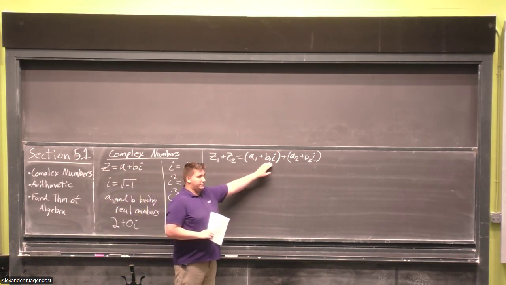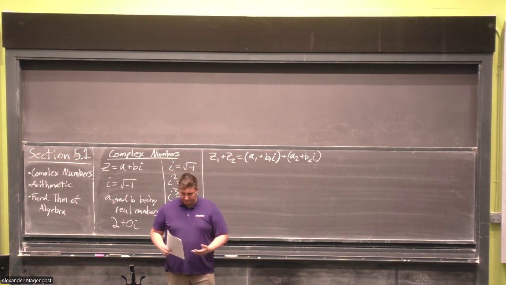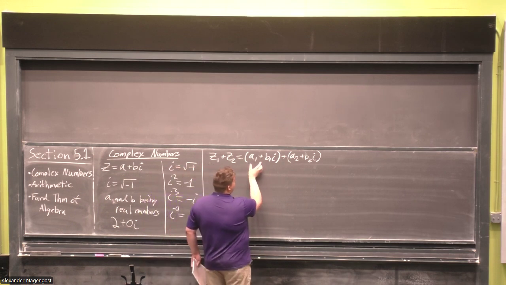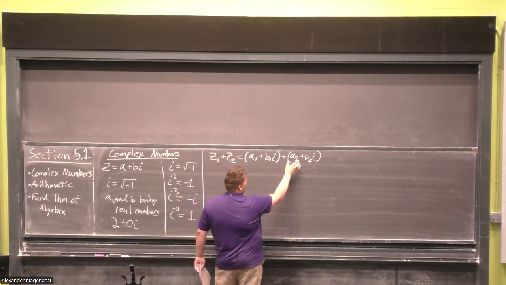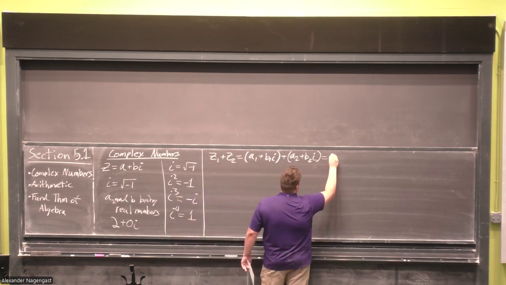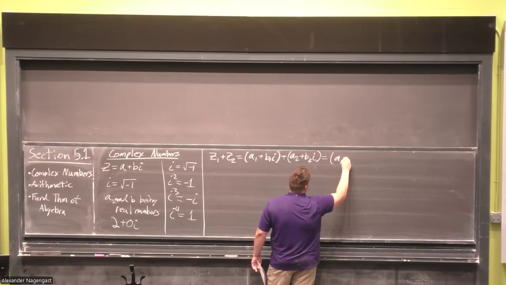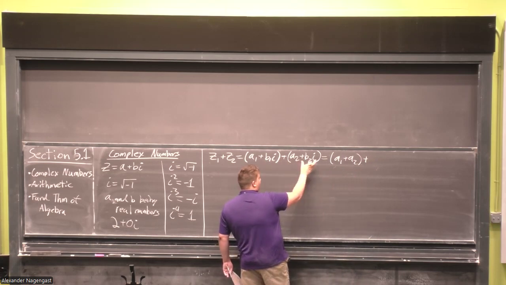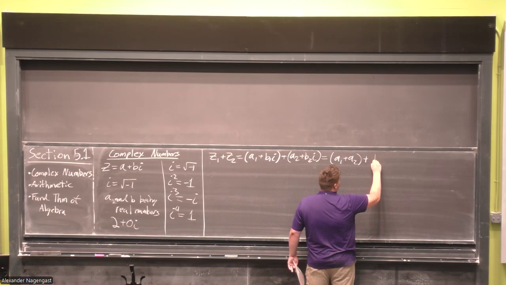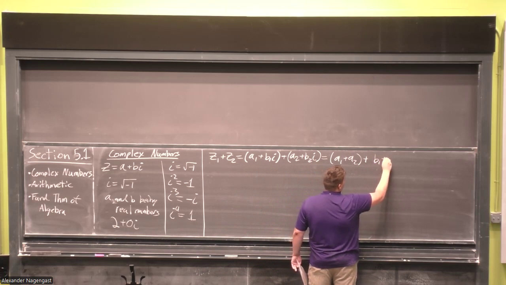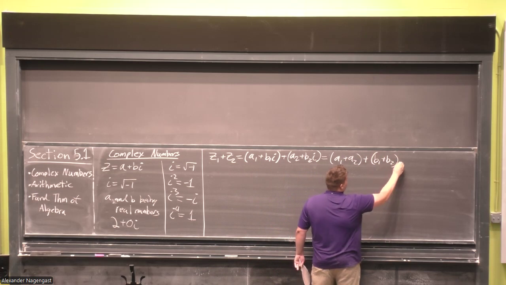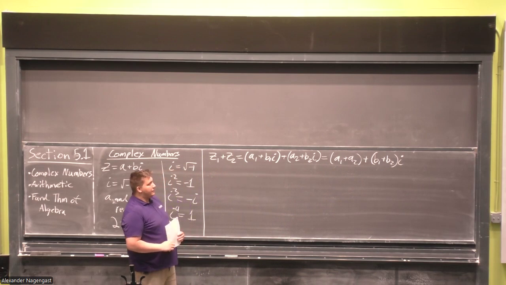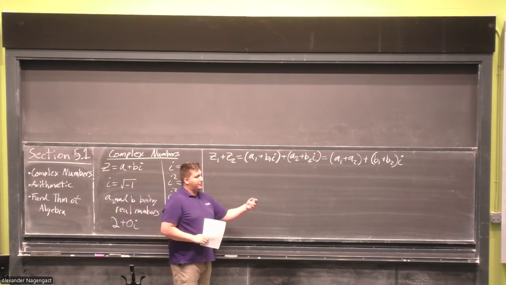So if you see an a1 plus b1i, think of that as z1. Now I can just take my real part and add it to my other real part, and we'll write this as a1 plus a2. And I'm going to take my imaginary part and add it to my imaginary part, which then I'll get b1 plus b2, but that quantity has an i, because I can distribute an i to those to make it b1i plus b2i.